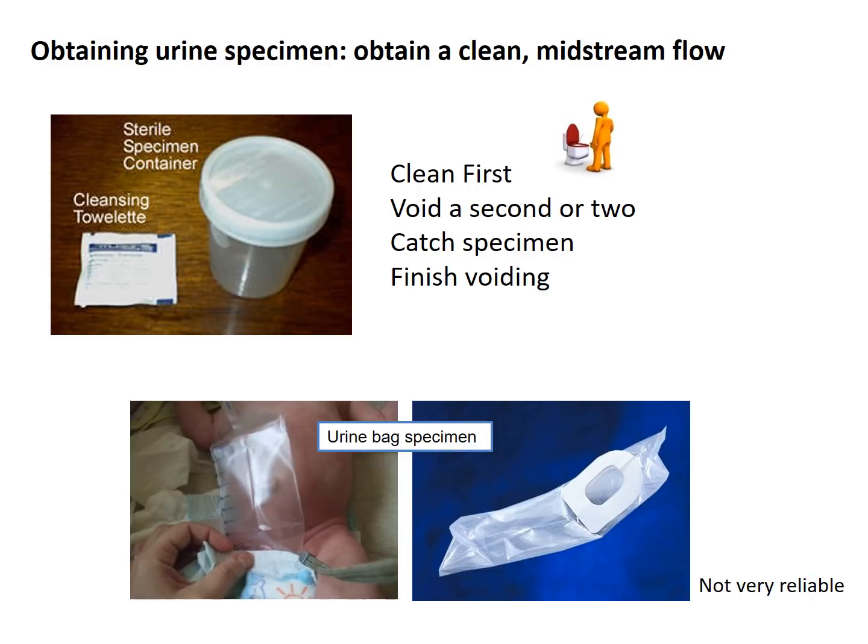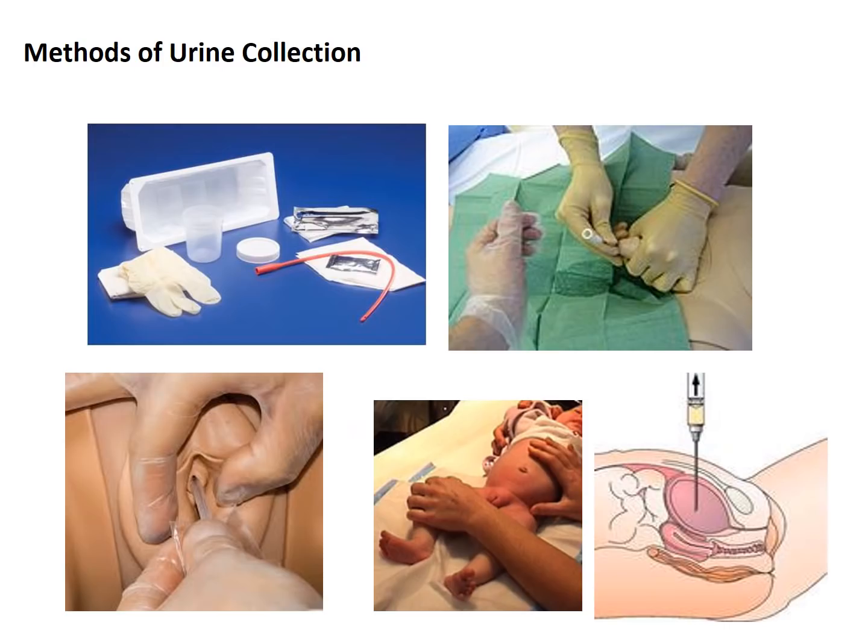You can get a lot of skin contamination from these, but if you don't want to put an infant through a catheterization, this might be acceptable. If you really, really want to rule out a UTI in an infant, you really should do the catheterized specimen, not the bag specimen. And then catheterization, straight cath, the quick cath, get the sample in and out.